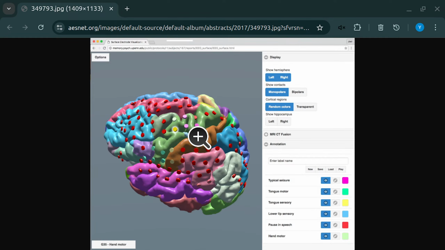Yeah, and then we could have a slider for each electrode, or all of the electrodes, if they are deep brain or surface, or anywhere in between.